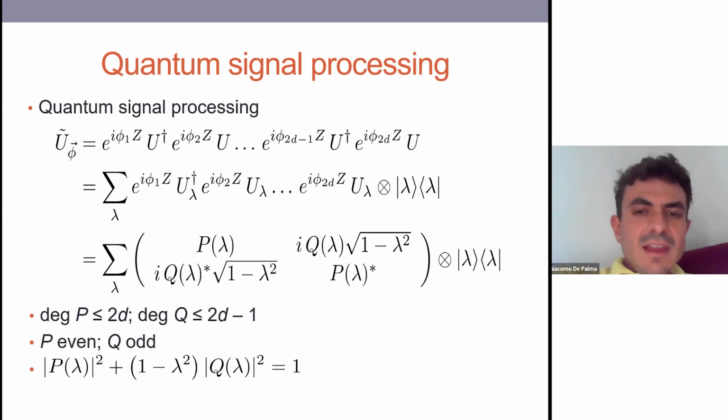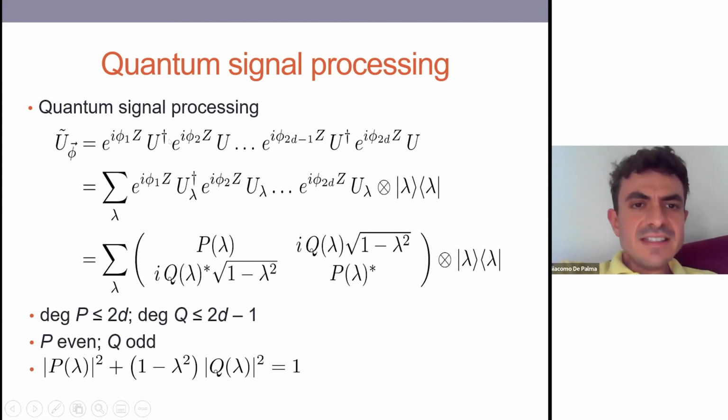Then, how does the quantum eigenvalue transform work? So the idea is that we want to build up a block encoding for f of H by applying several times U and U dagger and some operations on the auxiliary qubit. So this is what we will have.